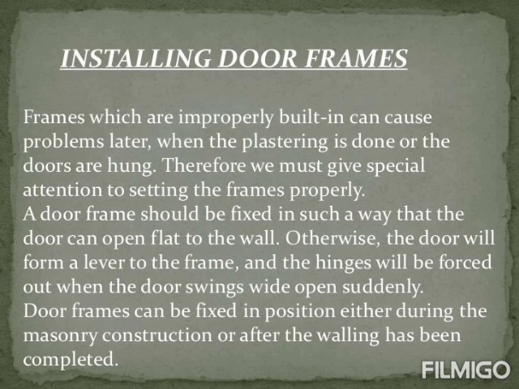Otherwise, the door will form a lever to the frame and the hinges will be forced out when the door swings wide open suddenly. Door frames can be fixed in position either during the wall construction or after the walling has been completed.